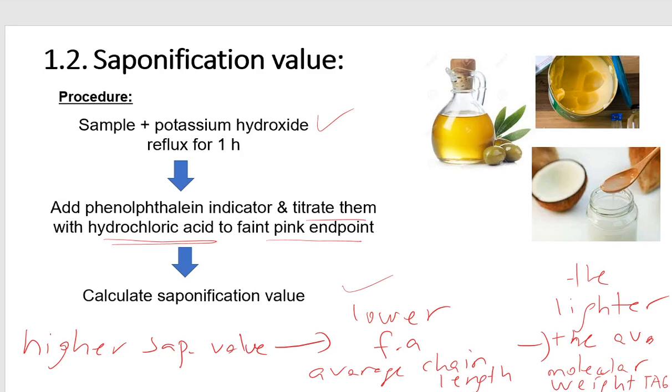Okay, by obtaining the saponification value, we have an idea about the average molecular weight of our lipids.